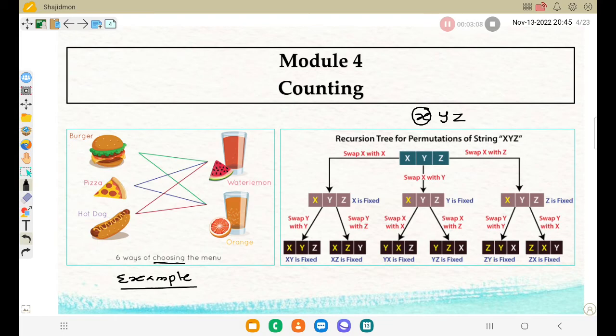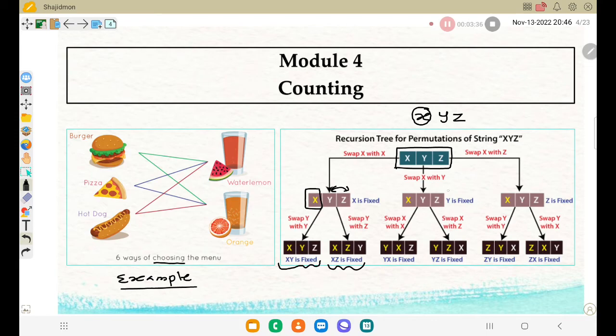See the various situations we are discussing in module 4. We have three letters x, y, z. If we fix the letter x and change y and z, first writing y then z, and then z and y, we get two options, x y z and x z y.